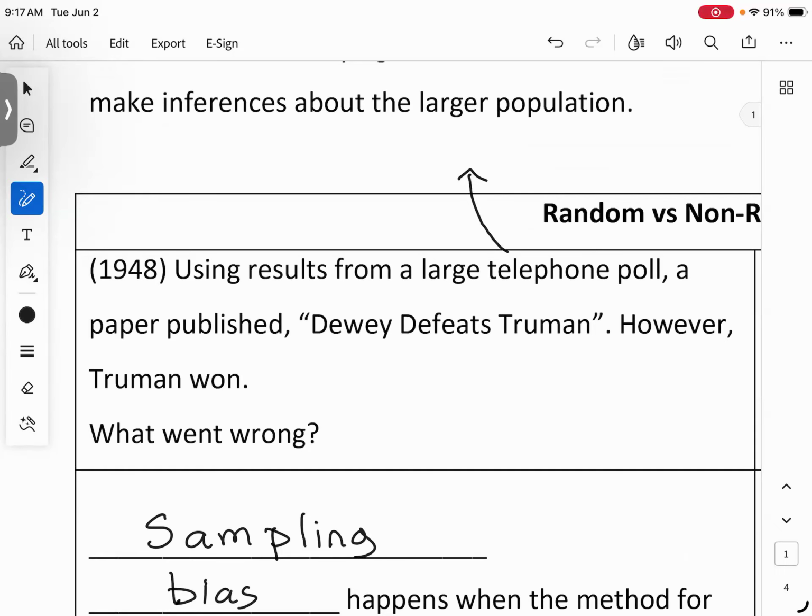If you're thinking those who were wealthy or rich, that's the idea, right? A big reason why this sample went off track is that around this time the wealthy were more in favor of Dewey, so they ended up polling a lot more wealthy people, which didn't represent the entire country at that time.